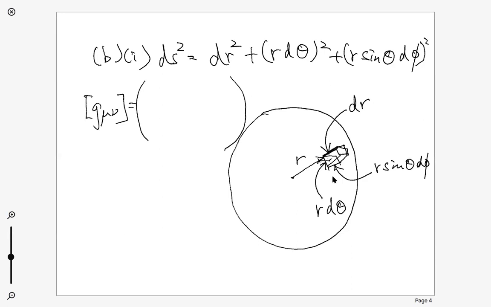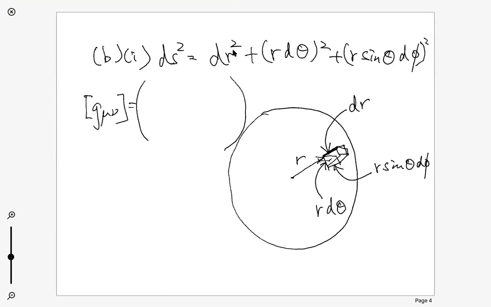But what you just mentioned here is the coordinate transformation between the spherical coordinates and the Cartesian coordinates, and now we are not even talking about the Cartesian coordinates. So the line element should be something like this. So what about the metric?